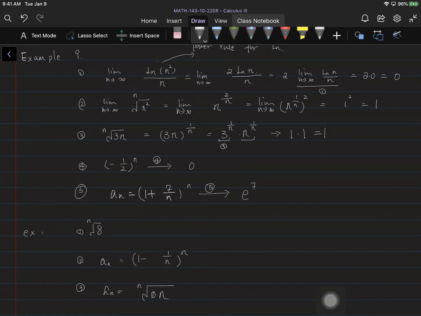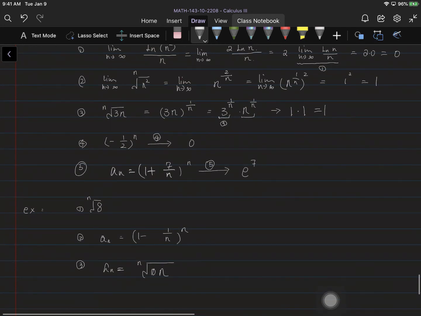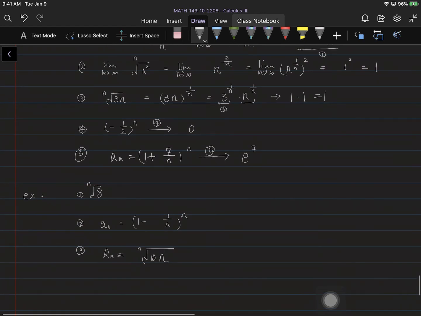In homework, you will also see similar problems. Okay, so here we have 3 problems. You can try them by yourself, and then check with my answer.